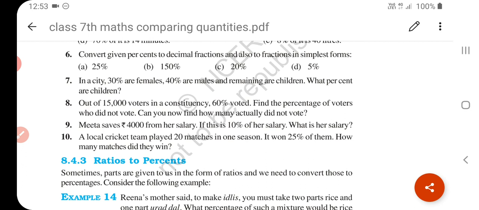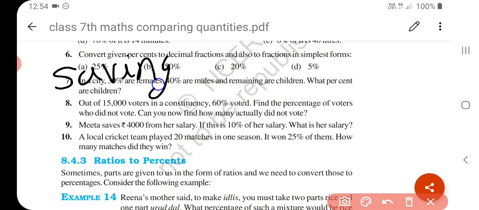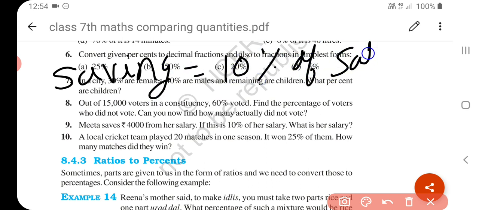So we have to write: saving is 10% of salary, and the 10% of salary is 400.